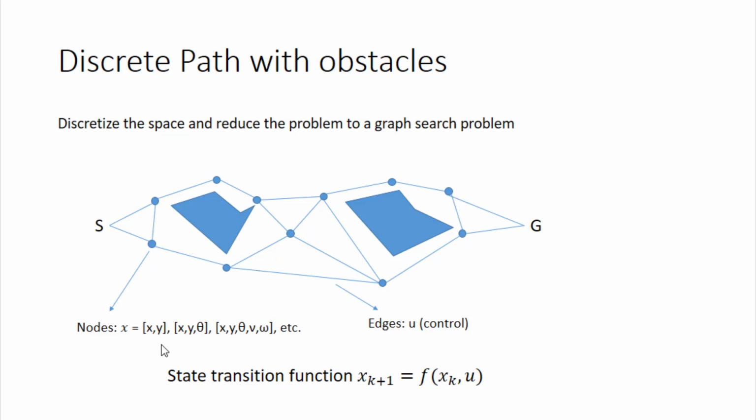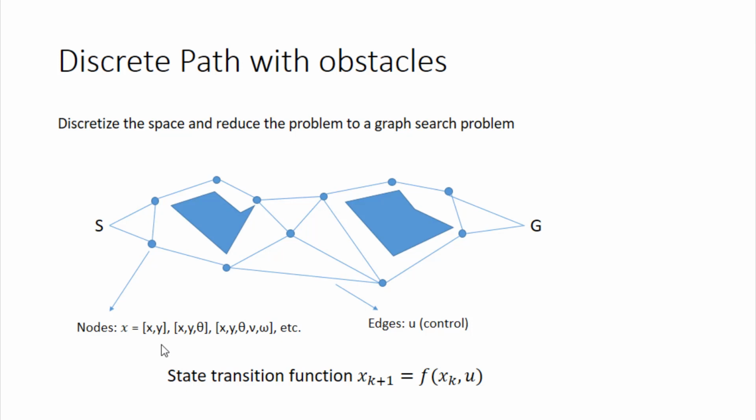So we could have X, Y, theta, and then V, and V is like the linear speed of the robot, and then omega, this W-looking symbol, omega would be the angular velocity of the robot. How you represent your nodes is largely up to you, the person designing the algorithm. So there's no set in stone way of doing it.